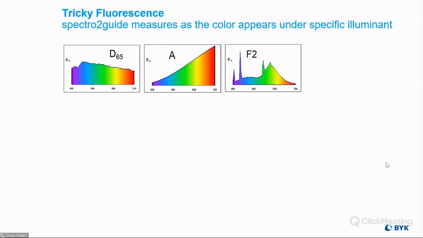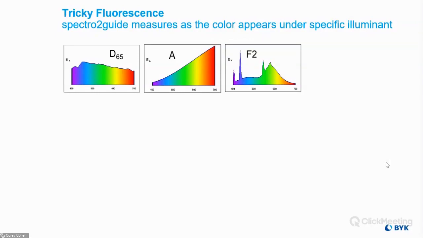That's why whenever you take a color measurement, you always have to specify the illuminant. You can't take a color measurement without the illuminant. So you have to modify that spectral curve by these illuminants in order to arrive at the specific set of color values for that illuminant. And remember that set of color values will be different for each illuminant.